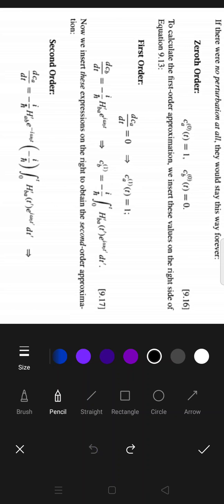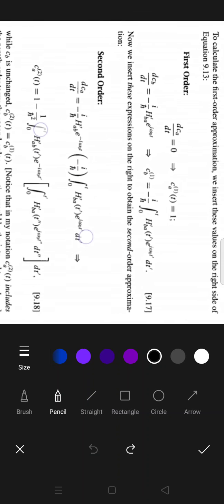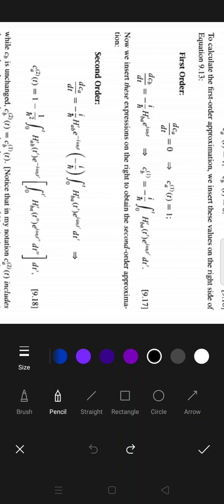Now we insert these expressions on the right to obtain the second order approximation.